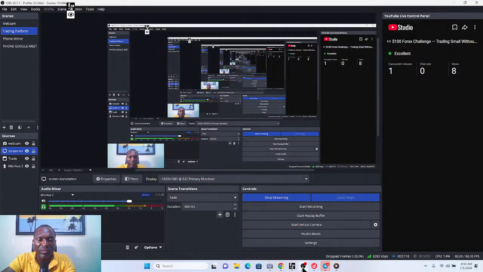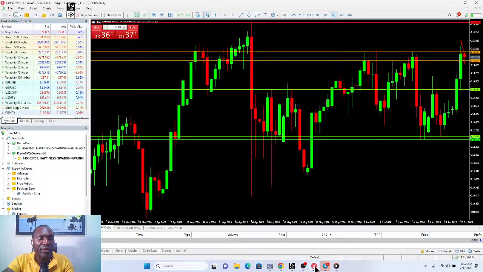Get your key level, then watch out to see what you are to do. You don't just rush into the trade. So you watch out to see the market. Now I'm going to watch the market using my phone to see what is happening.